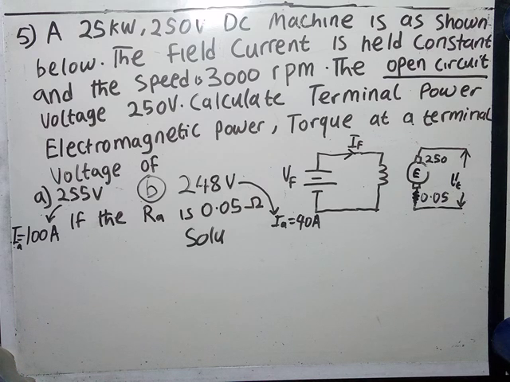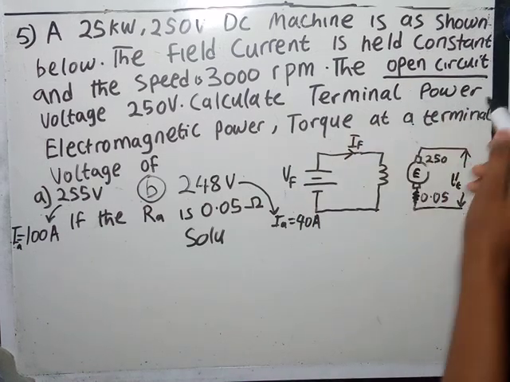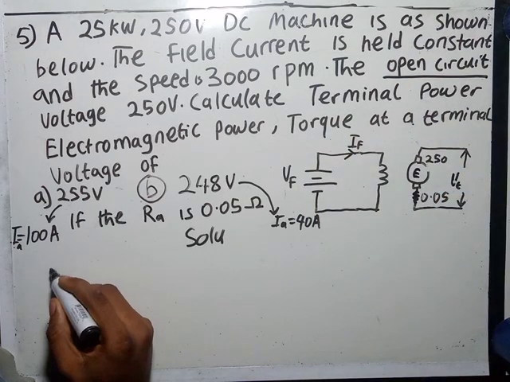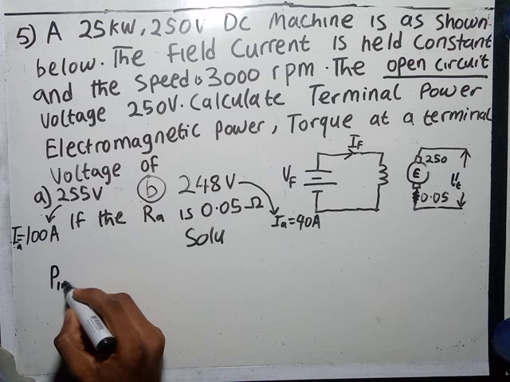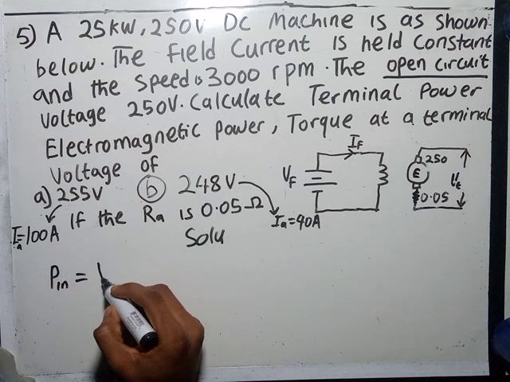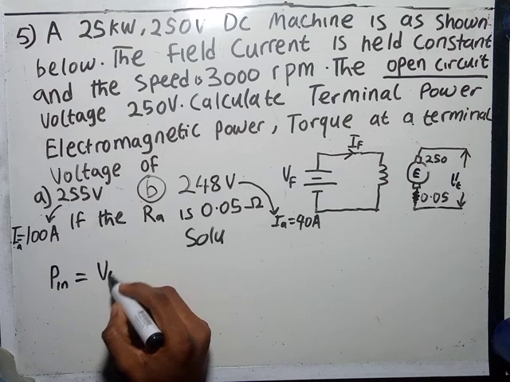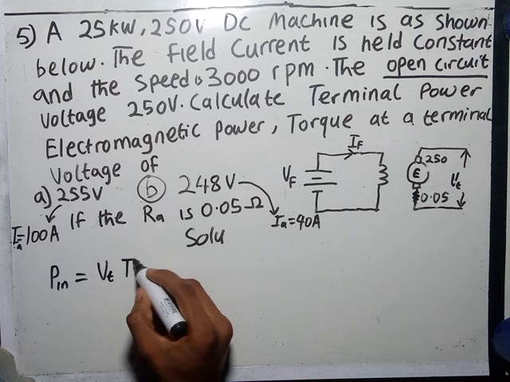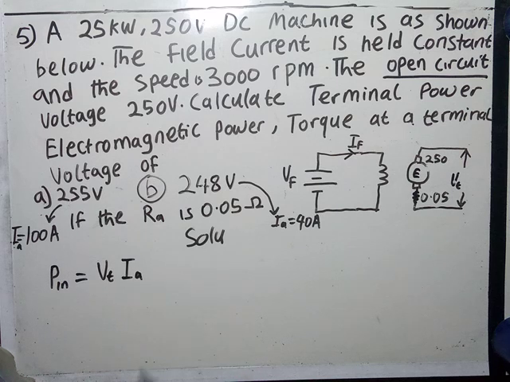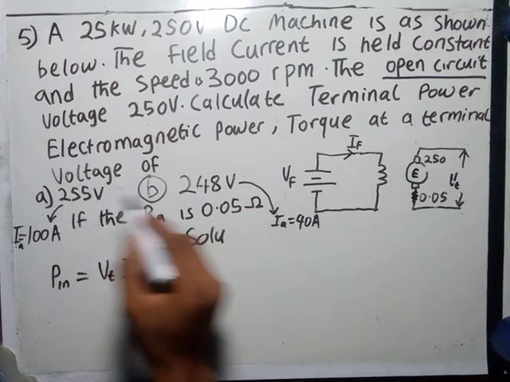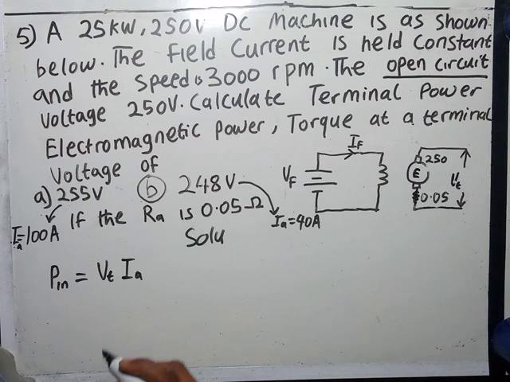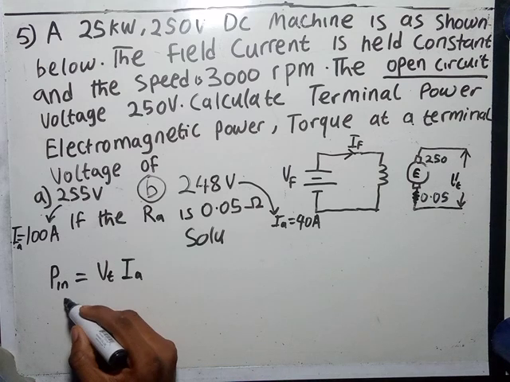We can now get our terminal power. Our terminal power, which is our input power, is equal to VT times IA. And we are going to get it for the two cases.